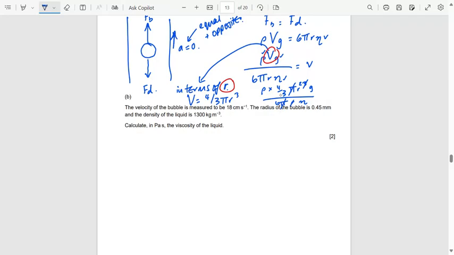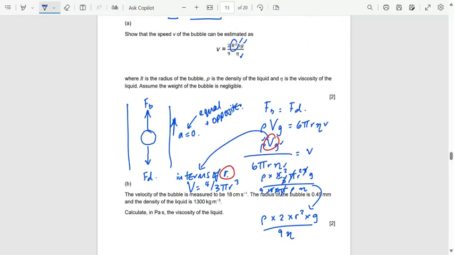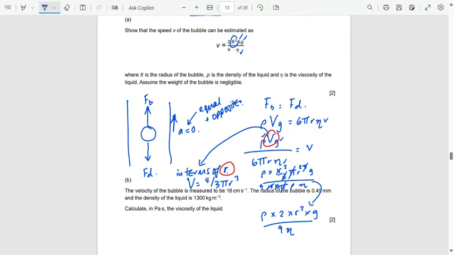And I've got 4/3 over 6, which is 4/18. And so I can go again, 2/9. Sorry, I'm just going to write this out again so it's a bit neater. So I've got density times 2 times r squared times g over 9 nu. And it just so happens that that is the answer.